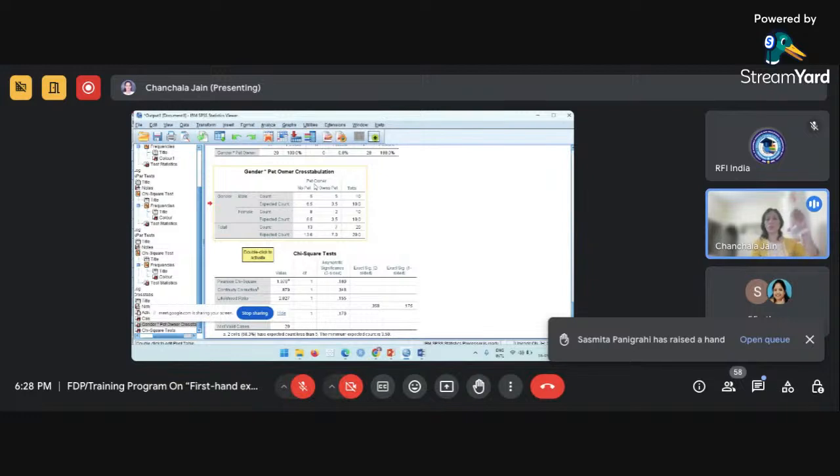Pet ownership, no pet and owns pet. So that way this is the contingency table we have received from the SPSS. Now you can see expected count is calculated. Usually we know, as I have shown you, the formula is row total into the column total divided by grand total. That way this is calculated by the SPSS, right?